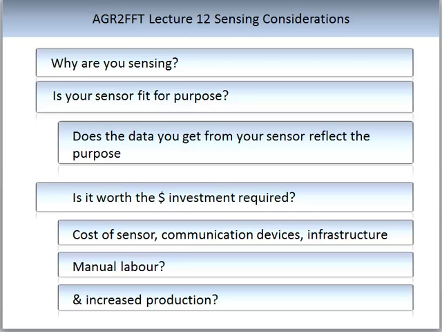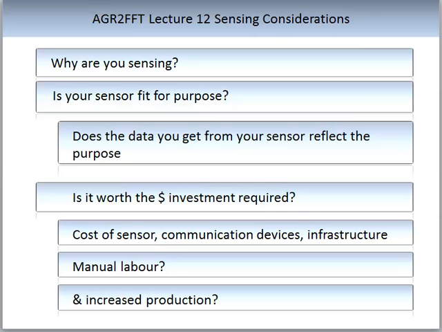Now, in some situations, the indirect measurement of soil moisture monitoring is adequate and in fact very useful. But there are certain situations where this is not fit for purpose. Therefore, understanding how the sensor works and its underlying assumptions are very important.